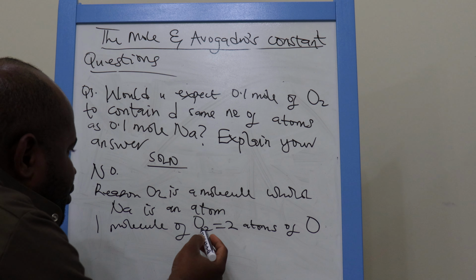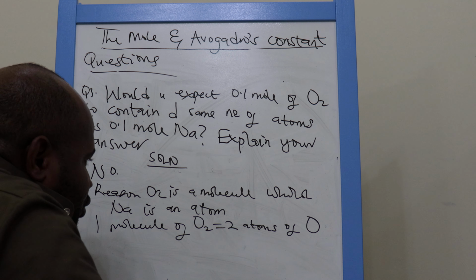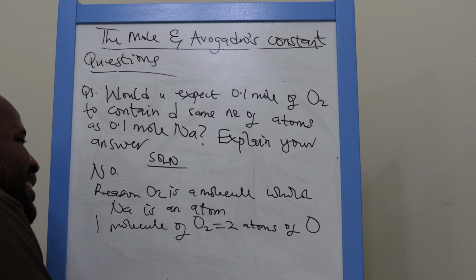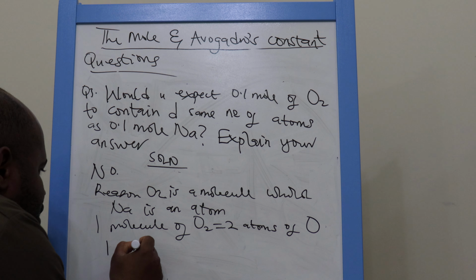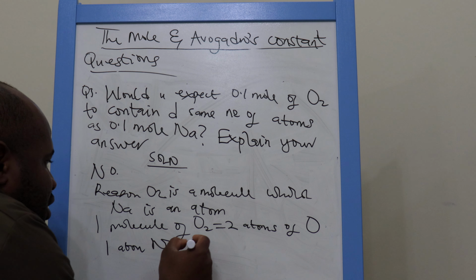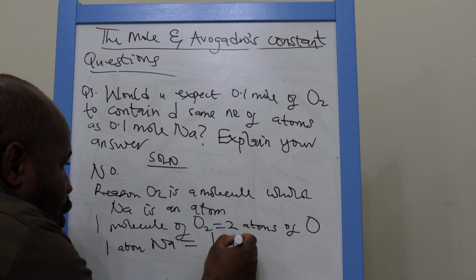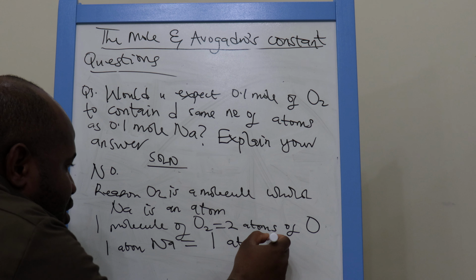Hence, if one molecule of oxygen is 2 atoms of oxygen, certainly it wouldn't have the same number as one atom. And 1 atom of sodium is equal to 1 atom of sodium.